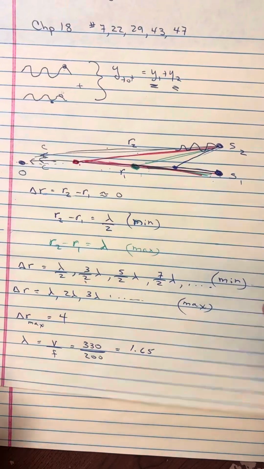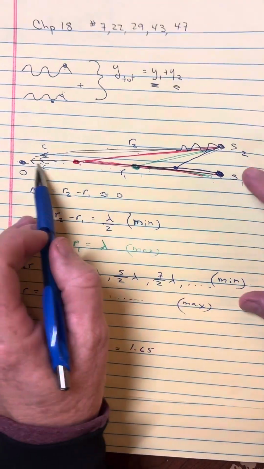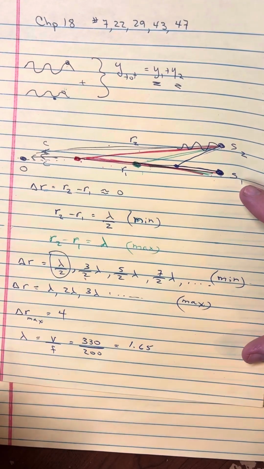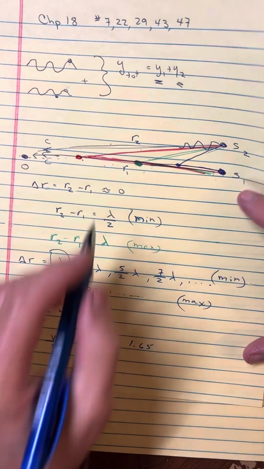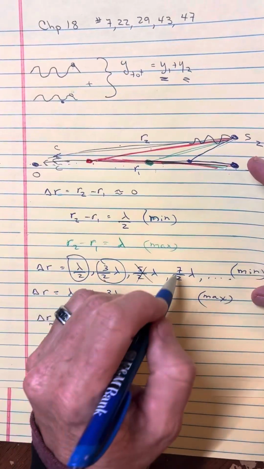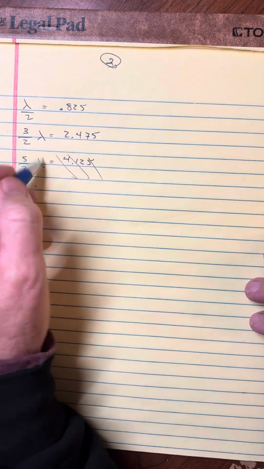And so this says then that at some point along this path, there is a place where they differ by 1/2 a wavelength. And a little closer, they differ by 1.5 wavelengths, but never 2.5 or 3.5 or 4.5.